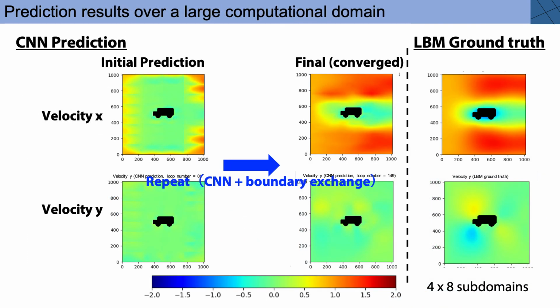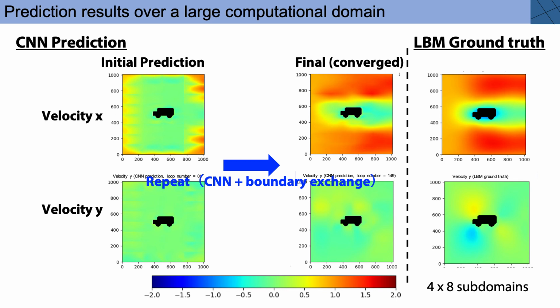Here is the prediction result for decomposed multiple domains. The left side of the figures are the initial prediction by CNN with an initial unknown boundary condition. After CNN and boundary exchange between subdomains are performed iteratively, prediction values converge to reach the final prediction.